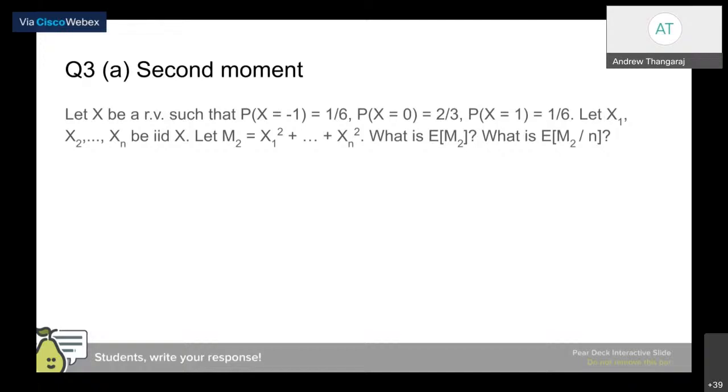Yeah, just hold on. I try to scroll up, but then somebody else comments, and then it comes down to me. Sorry about that. Why can't we add non-IID variances? Is that the question? Sum up expectations even if they are non-IID. That's true.